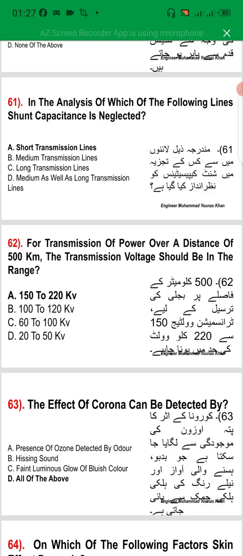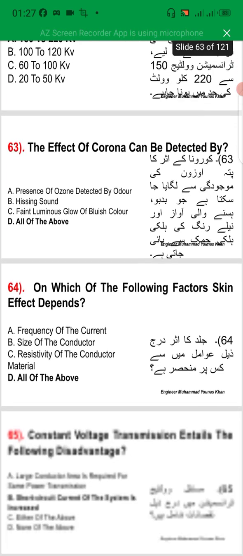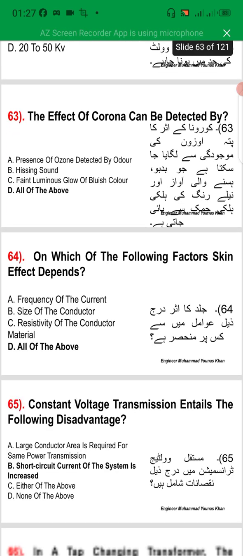For transmission of power over a distance of 0.6 km, the transmission voltage should be in the range 150 to 220 kV. The effect of corona can be detected by presence of ozone detected by odor, hissing sound, faint luminous glow of bluish color, all of the above.